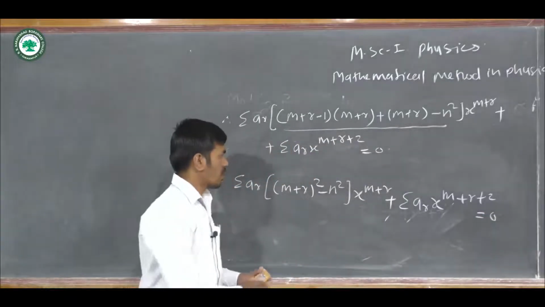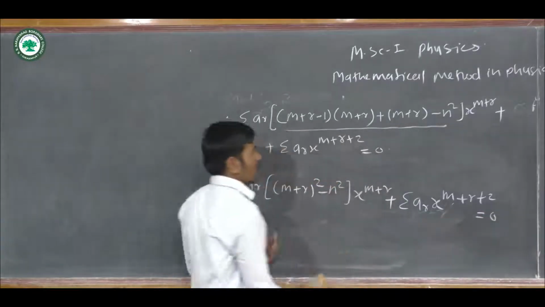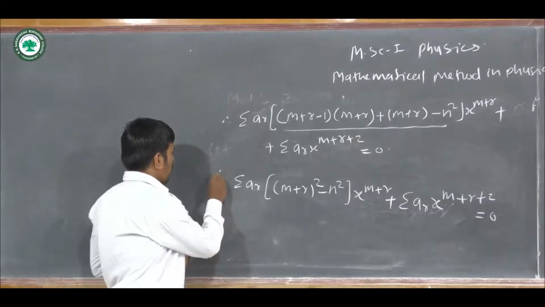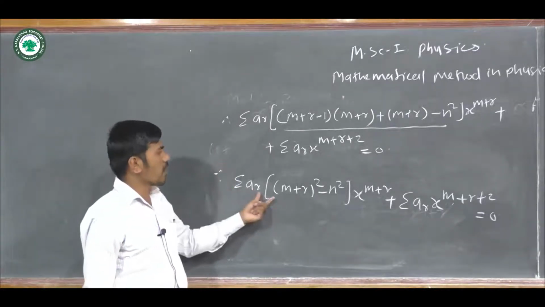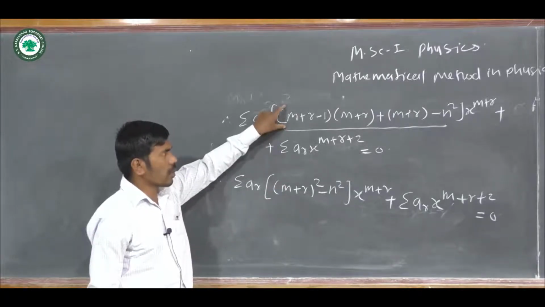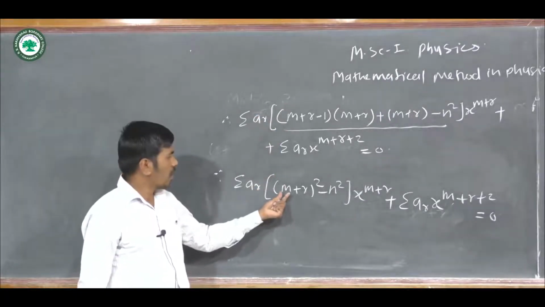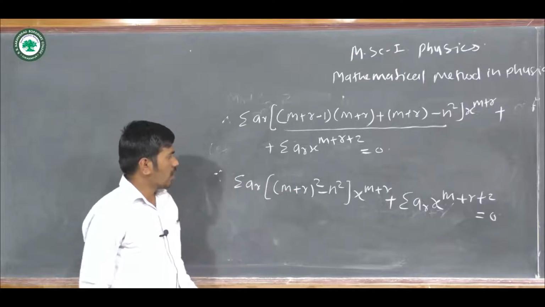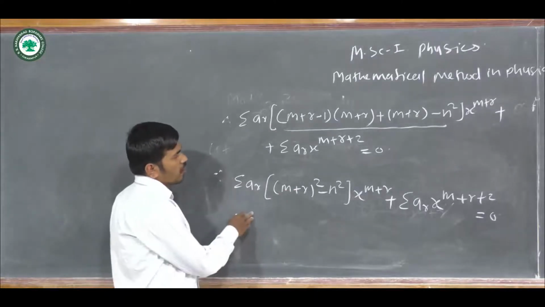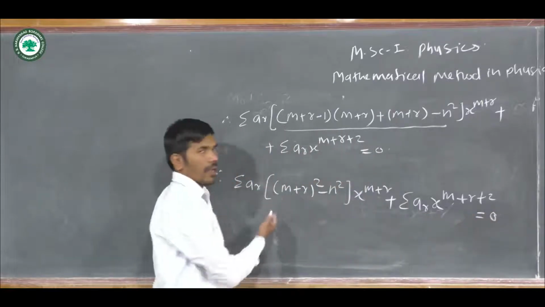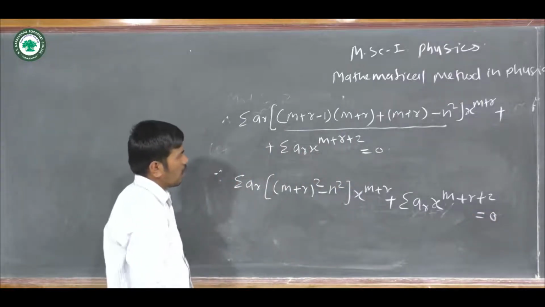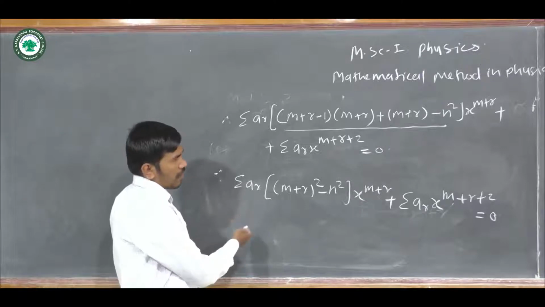Okay, this is the expression for the Bessel differential equation after reducing the first summation into (m+r). Now we try to find the indicial equation, and from the indicial equation we can find the value for m. And then we try to find the recursion relations.